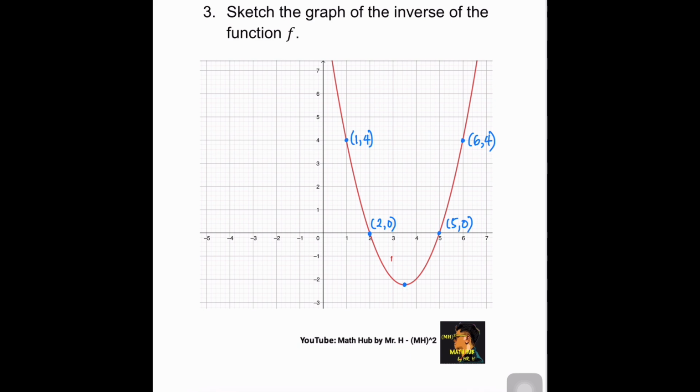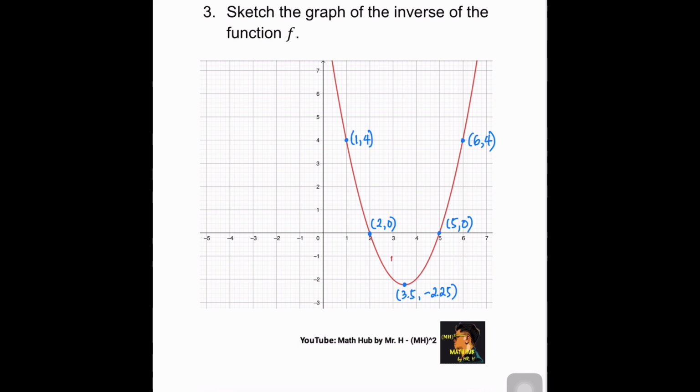So that's the vertex. And if we're gonna estimate the vertex, we can say that it's at 3.5, 2.25. So you can see here the challenge, right? If you pick a point that's not at the exact coordinates, okay?